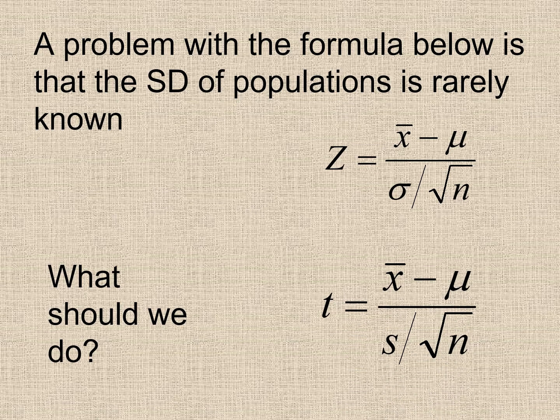So while the zeta formula gives us how many actual standard errors the sample mean, X bar, deviates from the population mean, mu, the t-value gives us how many estimated standard errors the sample mean deviates from the population mean. But otherwise, it's the same formula.